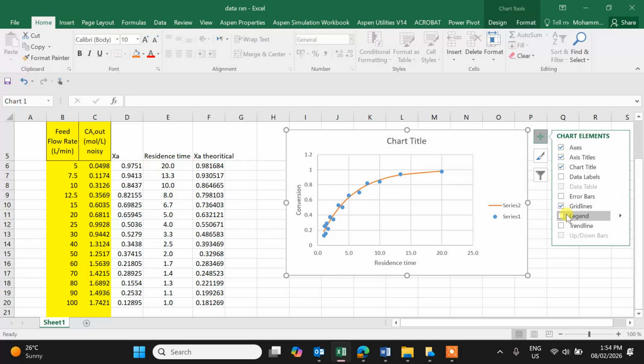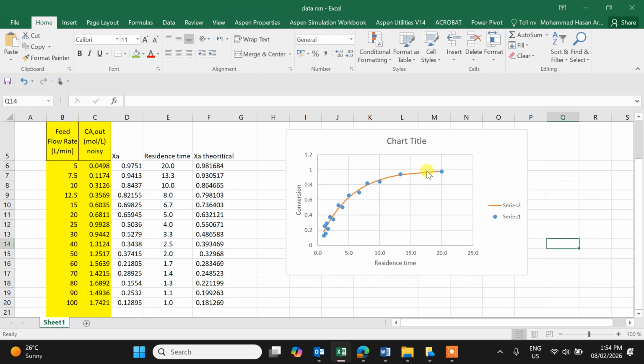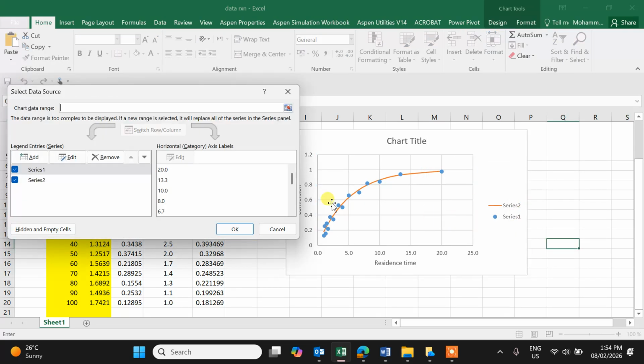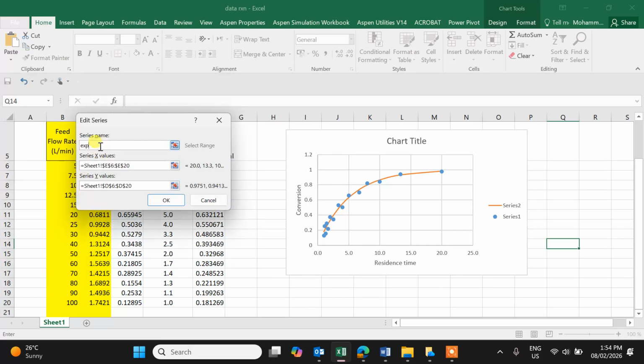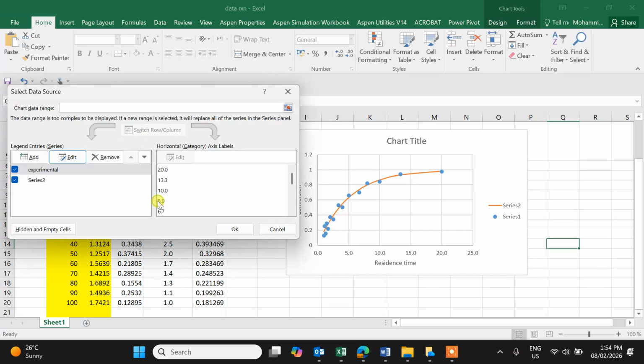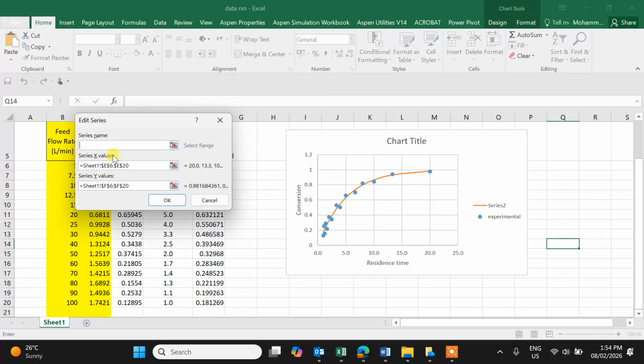So we can have a legend. Edit. You can say experimental, series 2, theoretical.